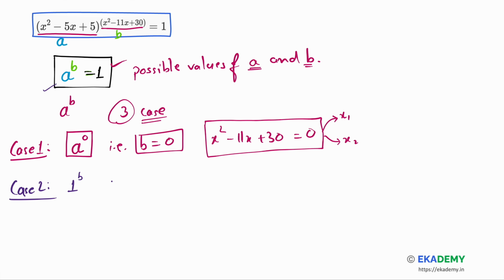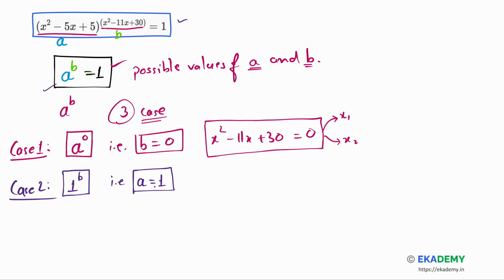That is when a is equal to 1. If I put 1 in place of a, then it doesn't matter what the value of b is, it will always be 1 and it is always going to satisfy this equation and ultimately this equation, right? So that will be our second case.